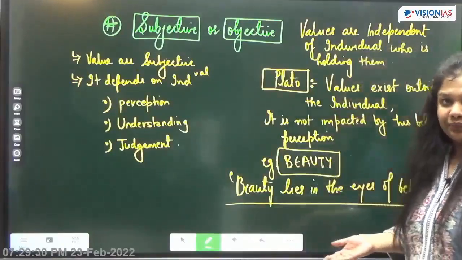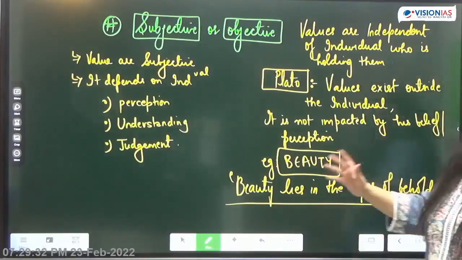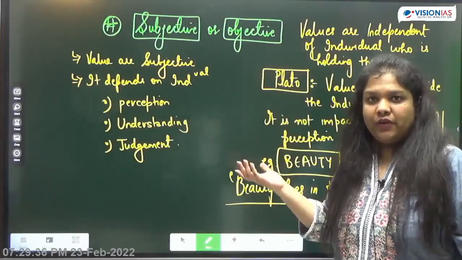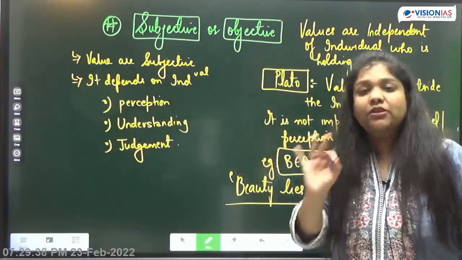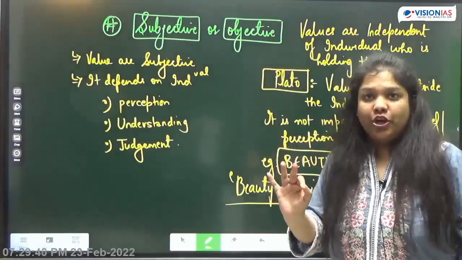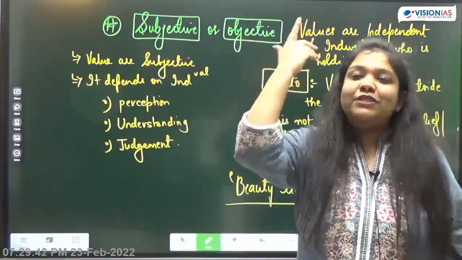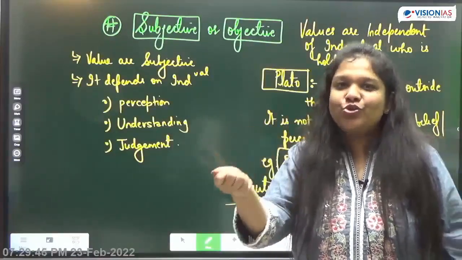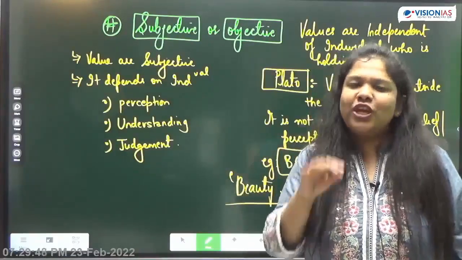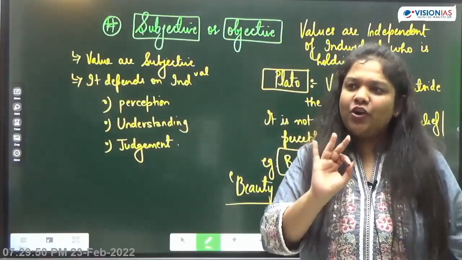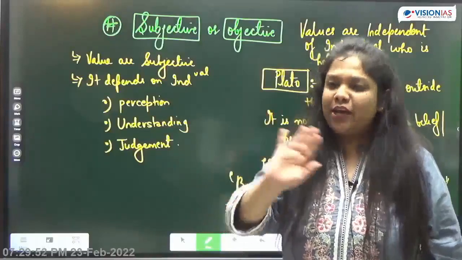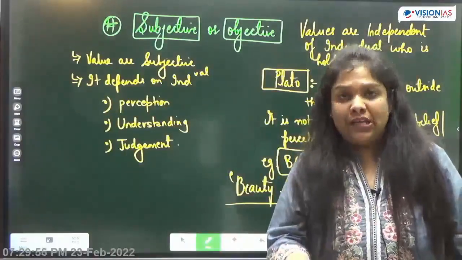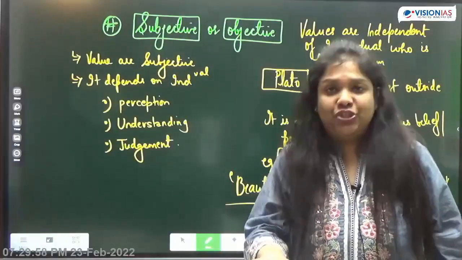Is that clear? Similarly, there is a school of thought which believes that the value system is objective, right? However, there are certain values which are objective. नहीं तो फिर सब लोग का अपना whims and fancies और interpretation होगा, तो फिर how would you ensure social cohesion in the society? So there are certain values which are on a pan-Indian basis कह लो या pan-societal level, they are objective. For example, integrity. For example, compassion.